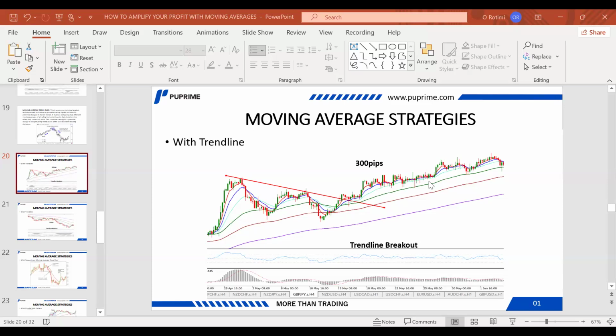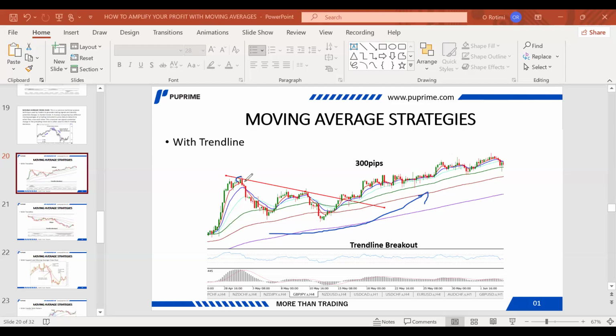In this diagram, for example, you are seeing that multiple moving averages were added: the 5 moving average, the 10, the 20, the 50, 100, 200, about 6 of them. But the most important thing is that these moving averages are giving us an idea of the trend. You can see at least the bigger moving averages are trending up, showing us that the market is in an uptrend. Then what next do we do?